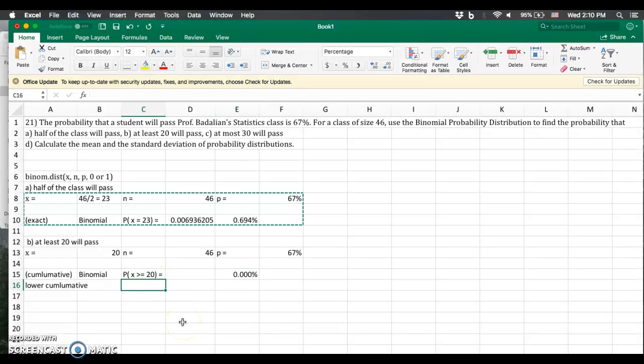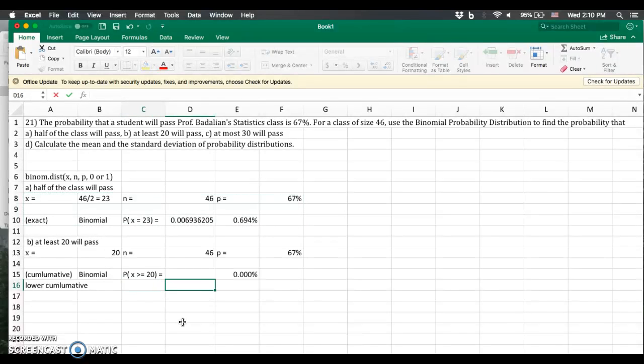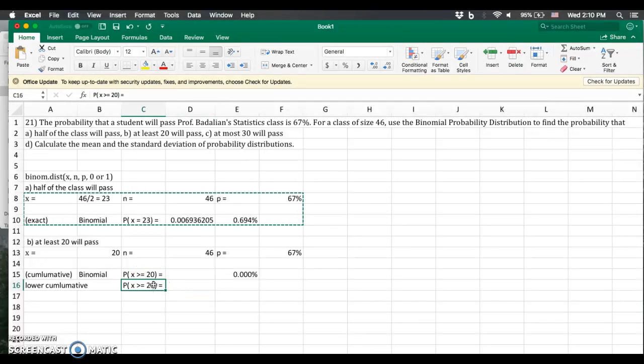So first, I'm going to find the probability of X less than, the complement of at least 20. The complement of at least 20 is less than 20, but we're talking about discrete, so it's actually less than or equal to 19. So starting from 0 all the way to 19.